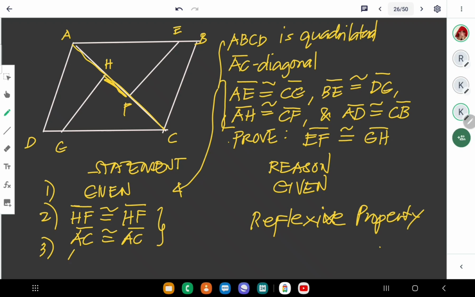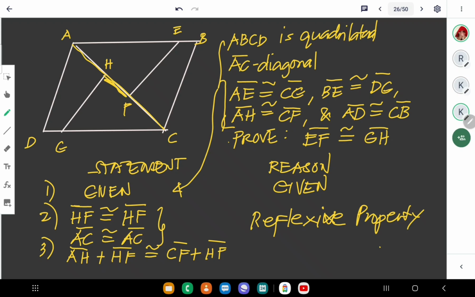So segment AH plus segment HF is congruent to segment CF plus segment HF, right?